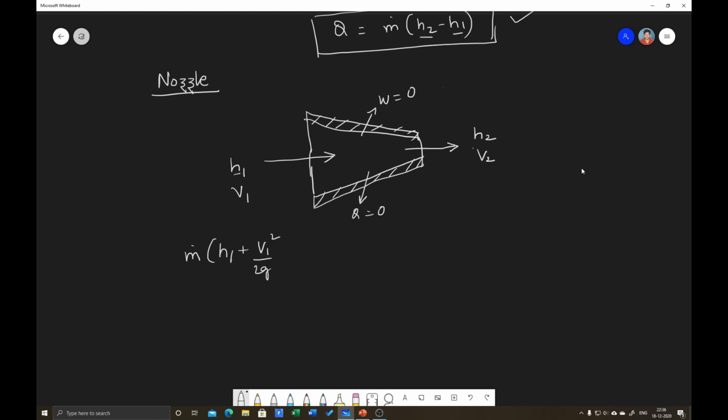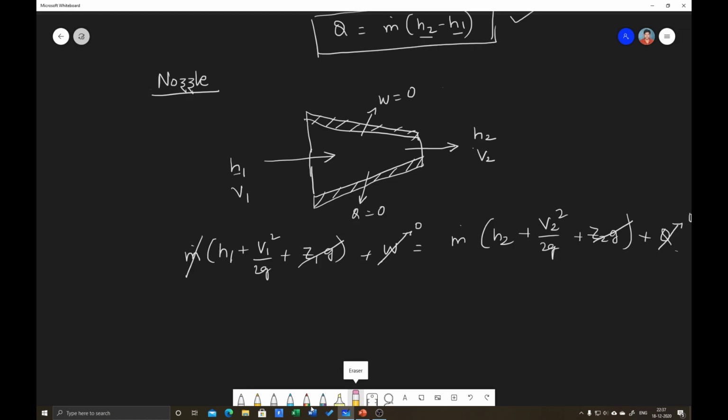So first write the steady flow energy equation, with Q plus W, where this is 0 and this is also 0. Here the height is also the same, so Z1 is equal to Z2, and this will also cancel out.